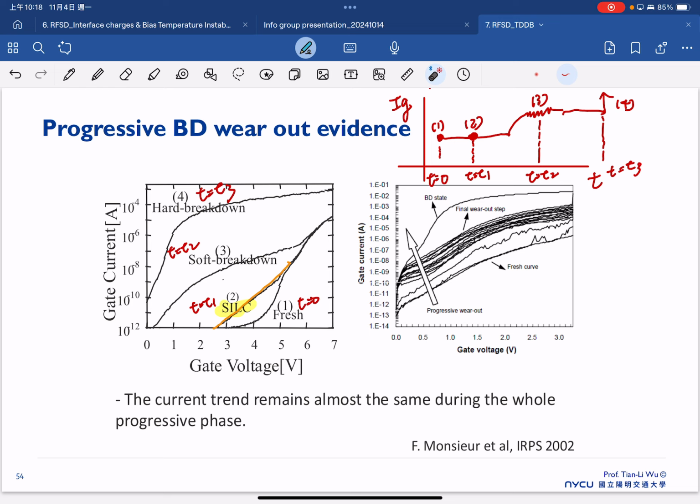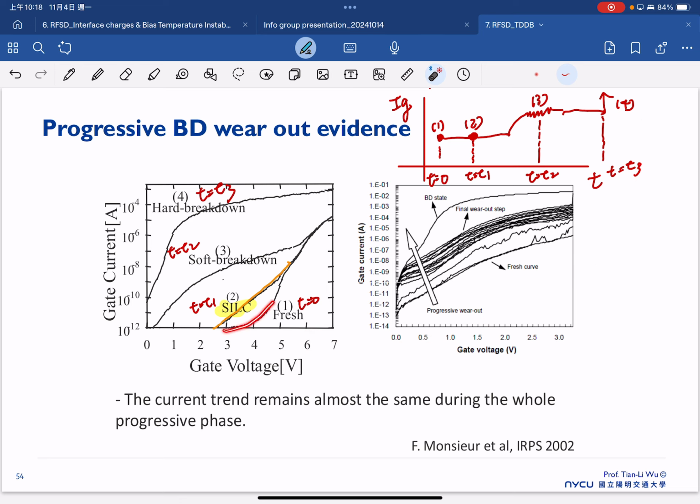So what I want to say is that although it might be your first time analyzing the time dependent gate current, if you haven't done TDDB testing in your previous experience, the important thing is that IGVG is a static result. This is not time dependent. We just characterize it at different time intervals.